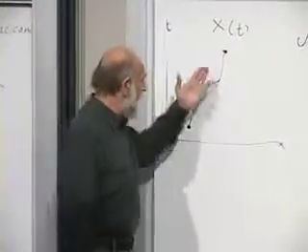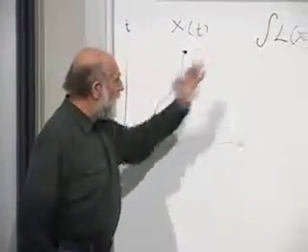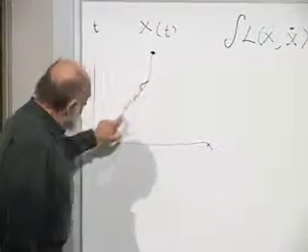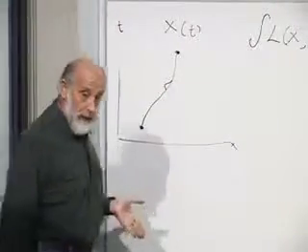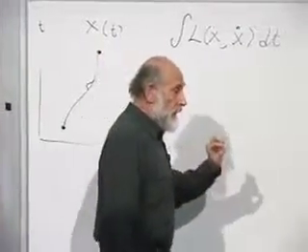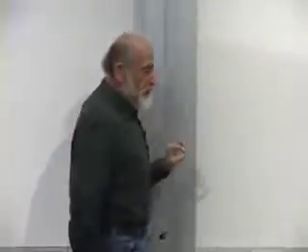And recalculate the action as it deviates from its value along the true trajectory, and then require that when we vary the trajectory a little bit, the action always increases. Now, assuming that it increases really is basically the same as assuming that it doesn't change.